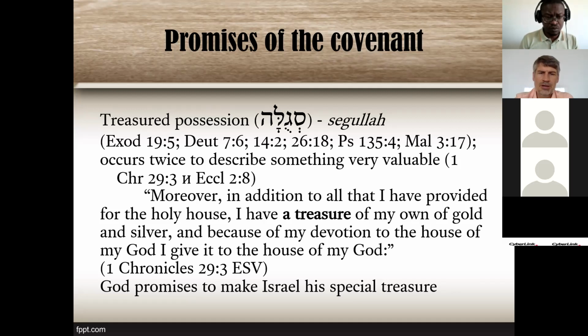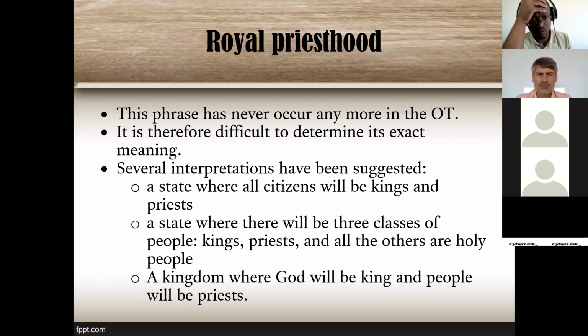So the same word is used, segulah, and it means something really very valuable, something very cherished by a person. And God promises to make Israel his special treasure. So it means that for God, they are very, very special. And he promises that he will make people like this.